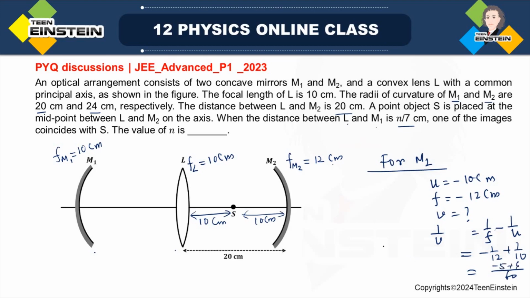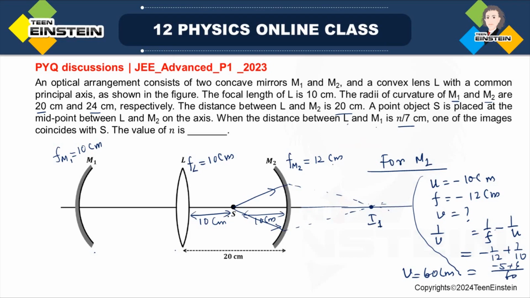So you will get V to be 60 centimeter. That means if I take the rays like this, then the image formed by this mirror will be, see, V is positive, that means there will be a virtual image produced by this M2 mirror. Okay, so this virtual image, this is I1.